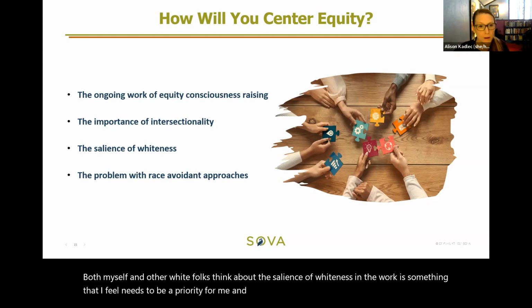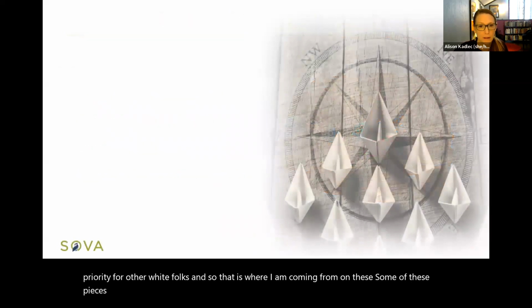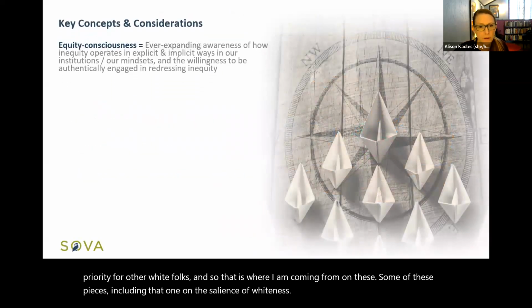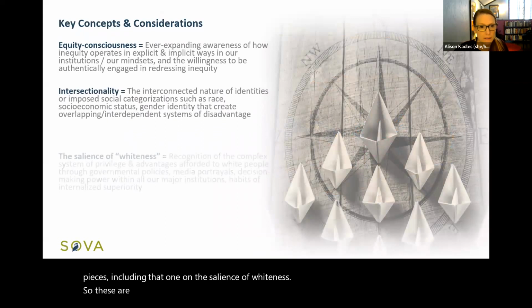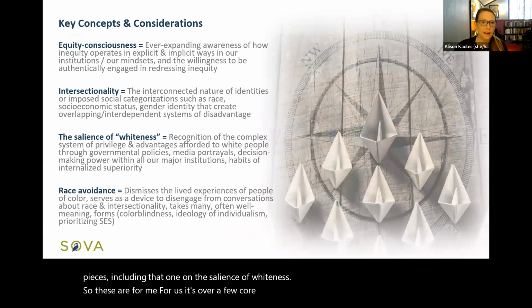And it's something that I want to help encourage as a priority for other white folks. And so that is where I am coming from on some of these pieces, including that one on the salience of whiteness. So these are, for us at SOVA, a few core concepts that it's just helpful to have yourself.